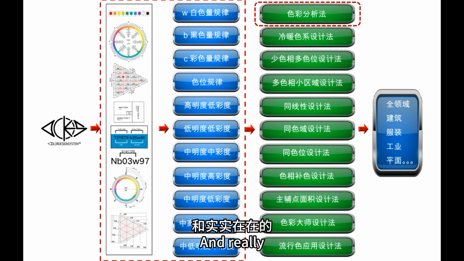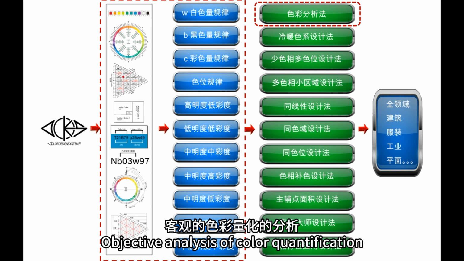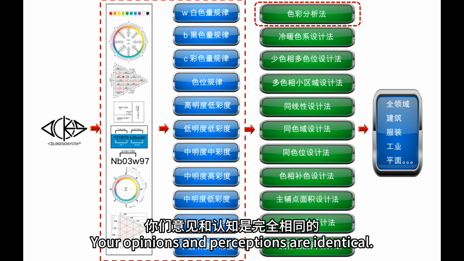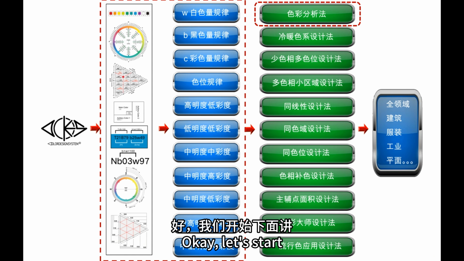And with really objective analysis of color quantification, after comparison, you will find your opinions and perceptions are identical. Okay, let's start.